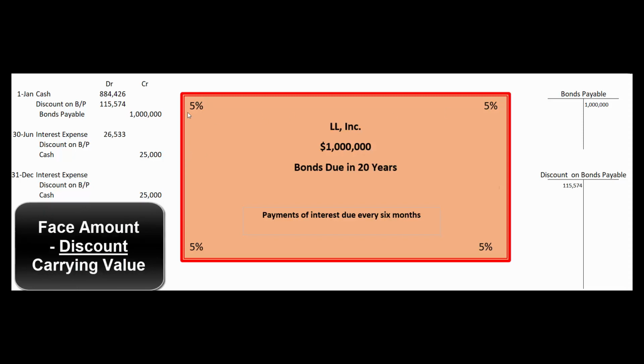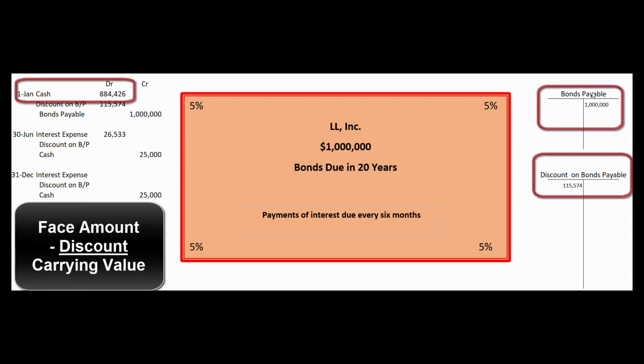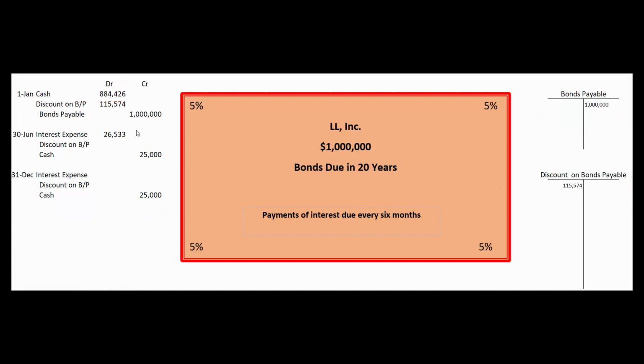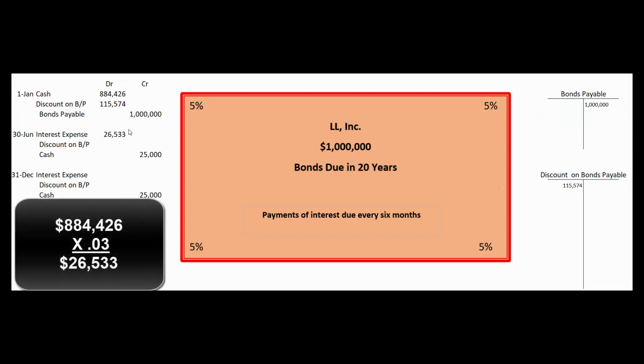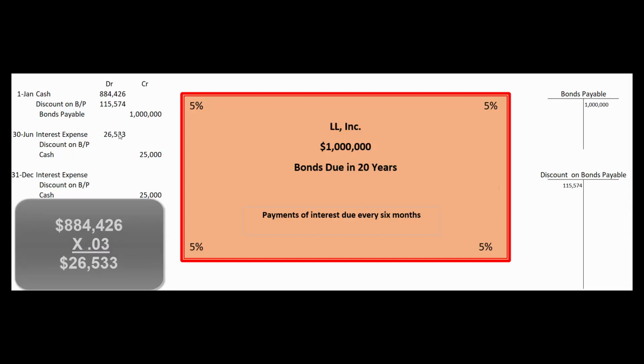For the first payment, that's pretty easy because we know the carrying value of the bonds. It's the face amount of the bonds minus the discount on bonds, which for the first payment is the amount of cash we got. So the market rate, the effective rate on these bonds is 6% per year or 3% every 6 months. So 0.03 times 884,426 means that our interest expense is going to be 26,533. Is that journal entry balanced?